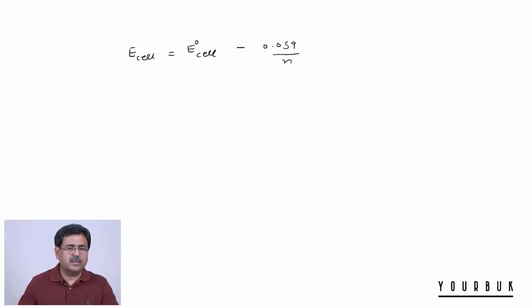Now we write the Nernst equation and then we put the values. E cell is equal to E degree cell minus 0.059 upon n log of Q. Now E degree cell in this case is 0 because both the electrodes are of the same metal, copper, minus 0.059 upon n, which is 2 in this case, and log Q is minus 0.30.